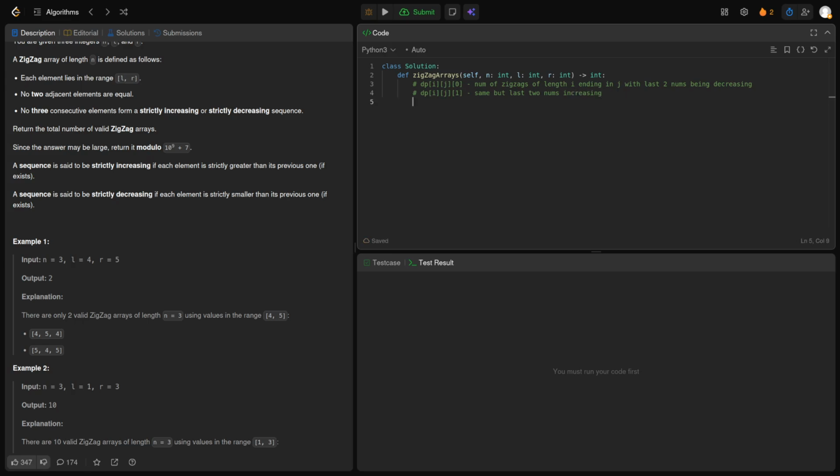Okay, and then we need a recurrence and we need base cases. Both will be a bit tough, I think.